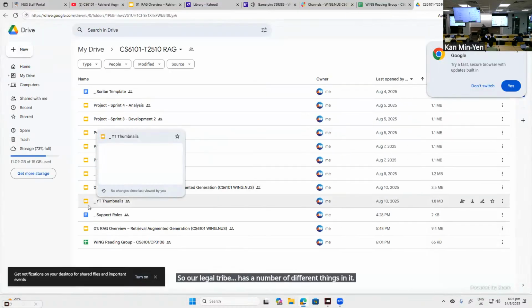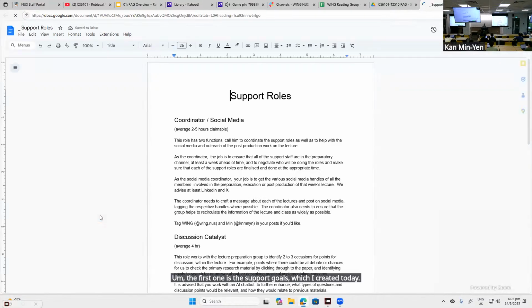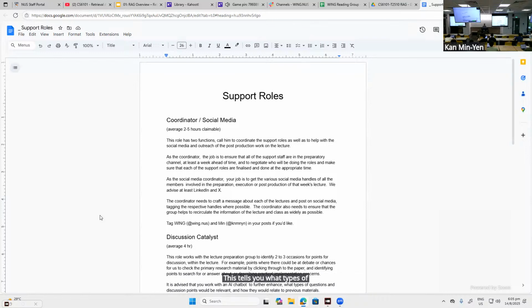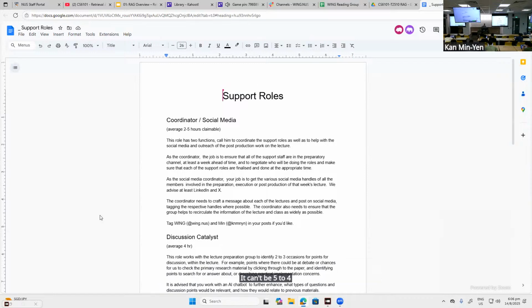The first one is the support roles, which I created today. This tells you what types of support roles you have. If you're not sure about that, please go through this and then you can select the role. Again, for the people assigned support roles, you have to deconflict. There can't be 5 coordinators and nobody actually working.